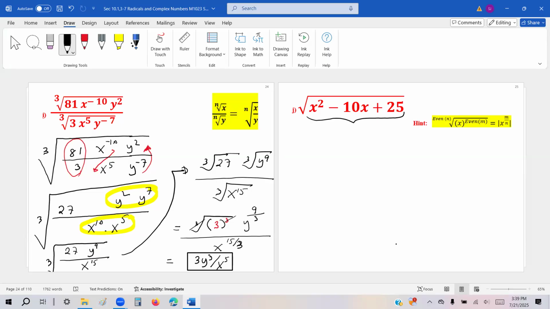Factorable. So what 2 factors do we get from here? 2 numbers multiplied to 25 and combined to 10. Minus 5, minus 5. Negative 5 times negative 5 is 25. And negative 5 minus 5 is negative 10.